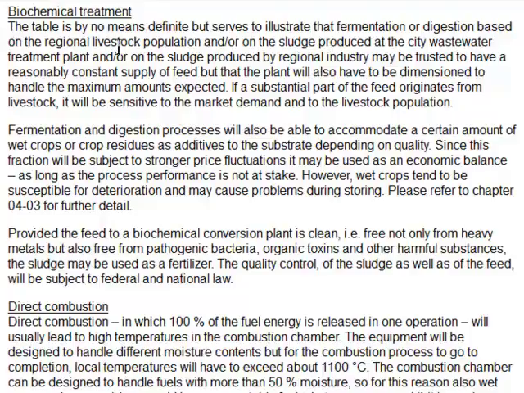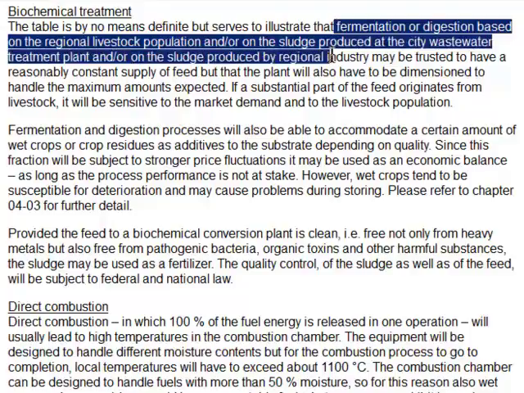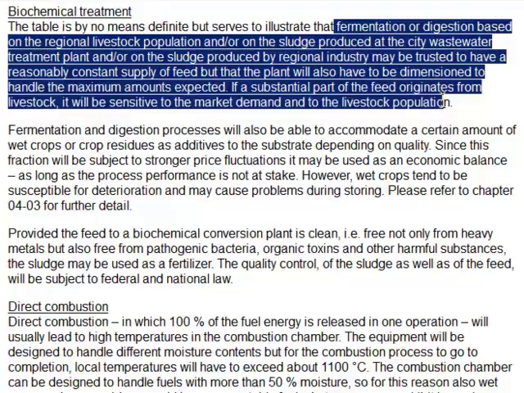One important aspect is that the production of livestock manure and/or, for example, sewage sludge from a city wastewater treatment plant or sludge production by regional industry, these may be trusted to have a reasonably constant supply of feed, so that there is a fairly constant flow of substrate to a biochemical treatment plant.